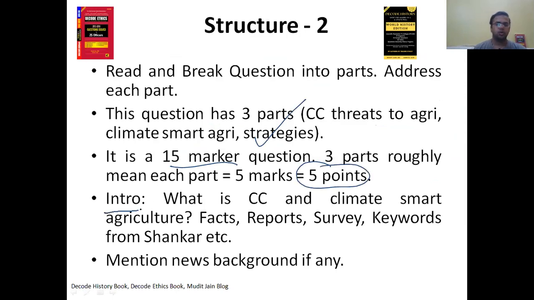In the intro, as I have already told you, as soon as you see a question of environment, two things must strike you, that you have to mention IPCC. Wherever you see environment, IPCC, UNEP, UNFCCC, and other keywords from Shankar book come into play.